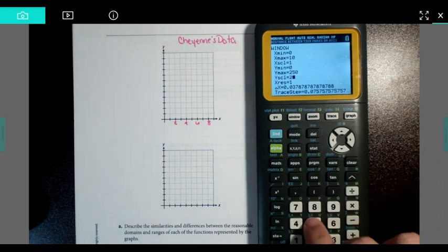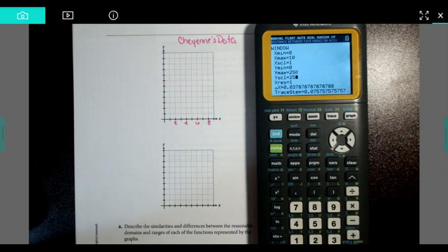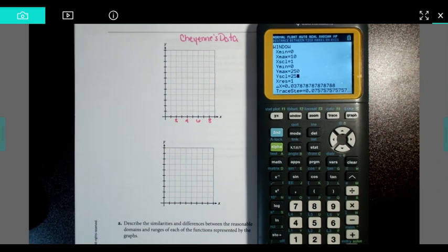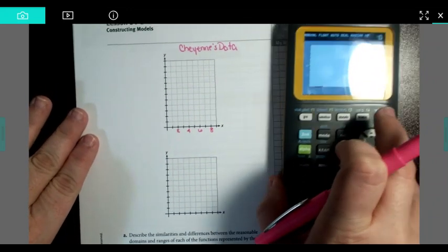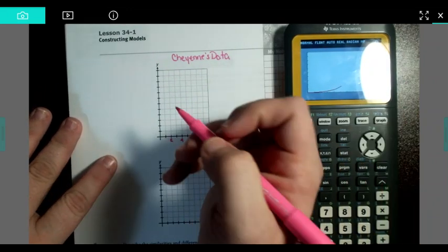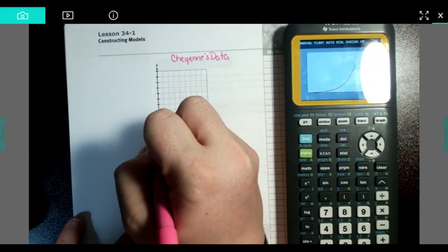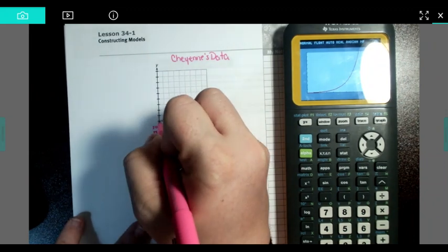Okay. So we're going to go counting by 25s. You obviously want to mimic the Y scale to kind of fit your data without doing too much. And we're going to graph that. And it's going to graph on my screen, but as it's doing that, I'm going to go, this is 25, so this is 50, so it's 75.